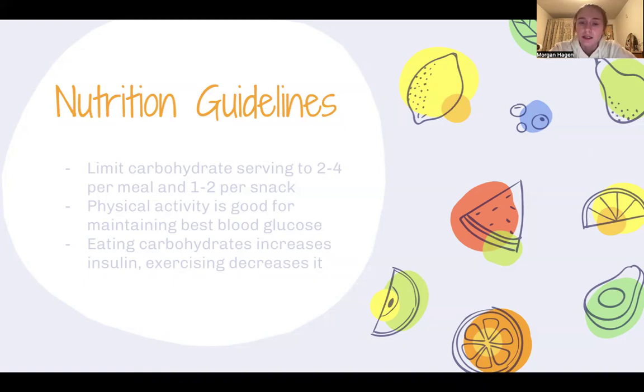So in order to maintain the best blood glucose, eating the proper amount of carbohydrates, exercising correctly, and taking your insulin as directed is the best way to not go into a sugar shock and maintain the proper amount of insulin in your body.